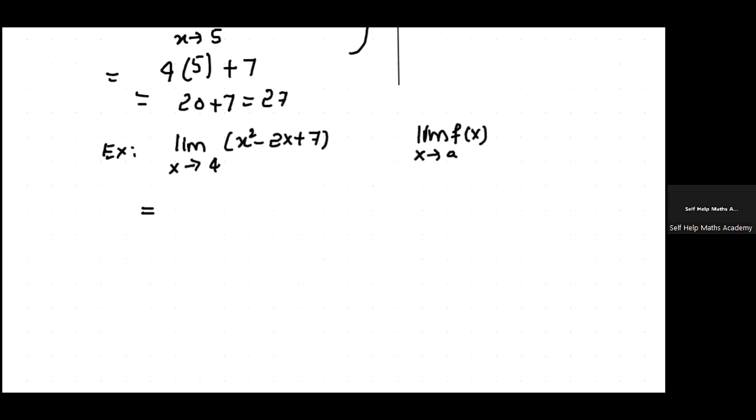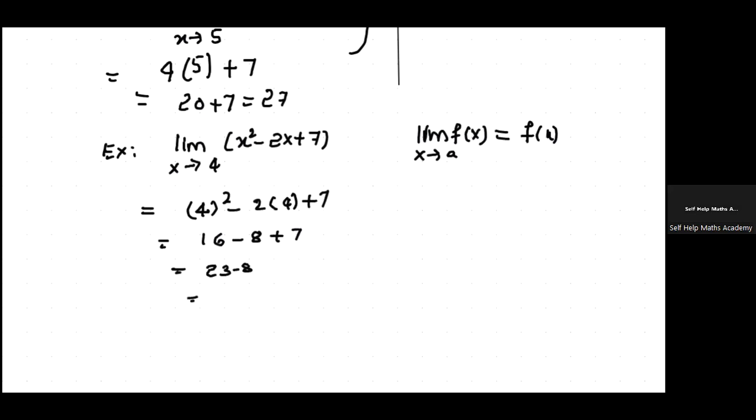If you consider this as a polynomial, wherever x is there, just substitute the value. It is 4 square minus 2 into 4 plus 7. This is equal to 16 minus 8 plus 7, so this will be 23 minus 8. The answer is 15.